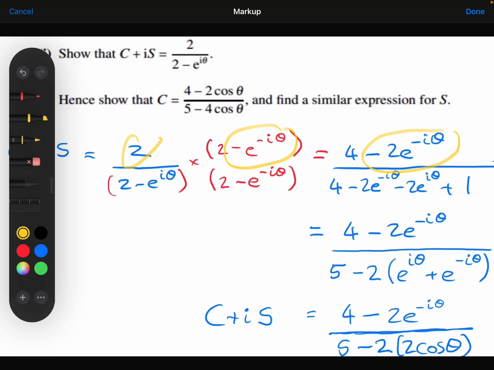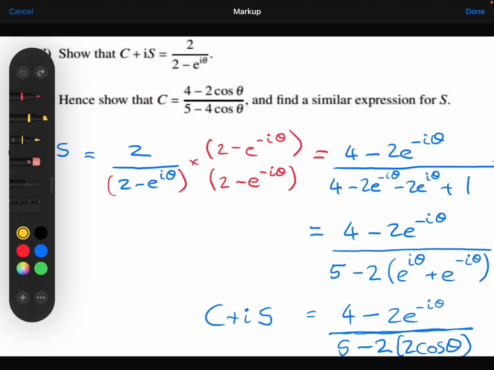And crucially, on the bottom, we've got the 2 times the 2, which is the 4. We've got the 2 times the minus e to the minus I theta, which is the minus 2e to the minus I theta. Then we've got the minus e to the I theta times 2.